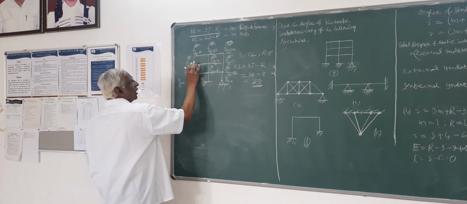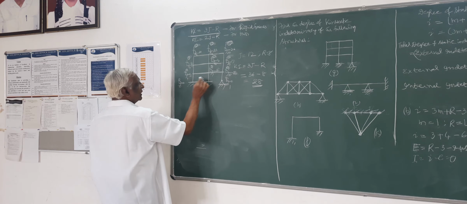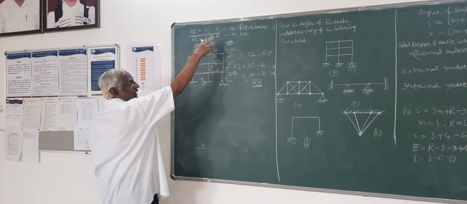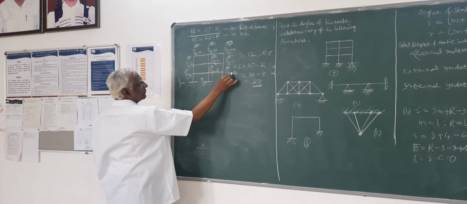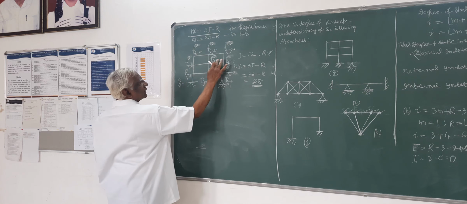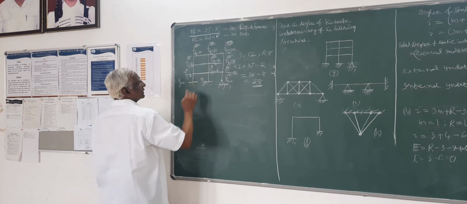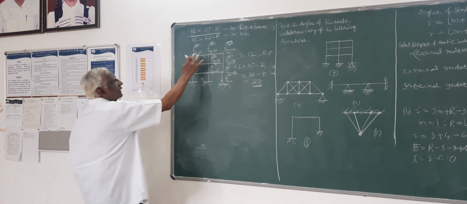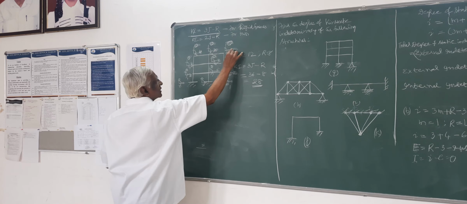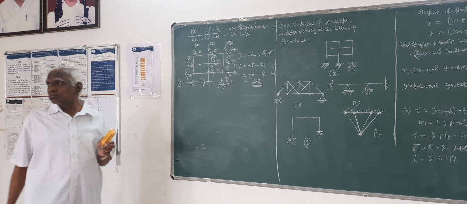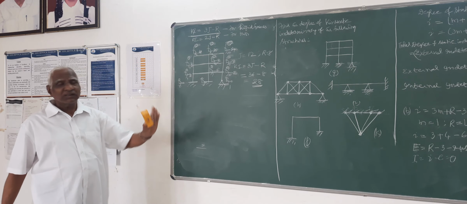Here also horizontal 2, because the verticals are all 0. So this is 2 I am calling. This is 3, this is also 3, this is also 3. Then this will be 4, this will be 4, this will be 4. Okay? Same motions, not different.